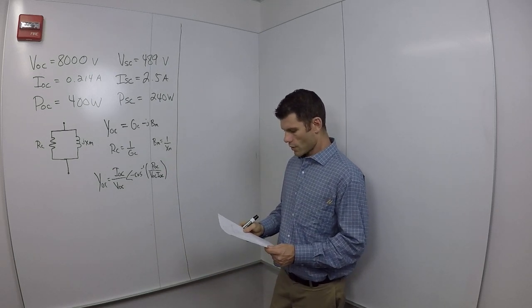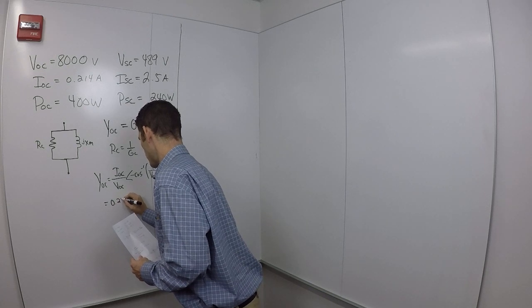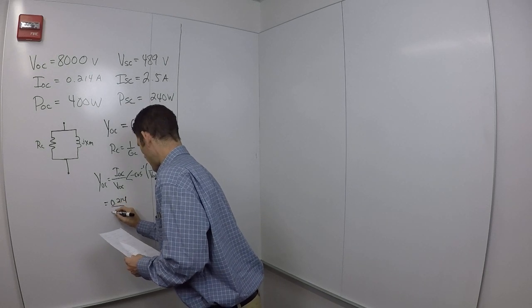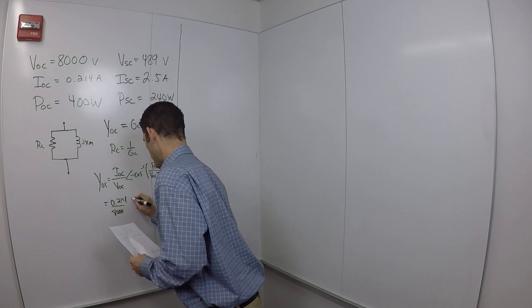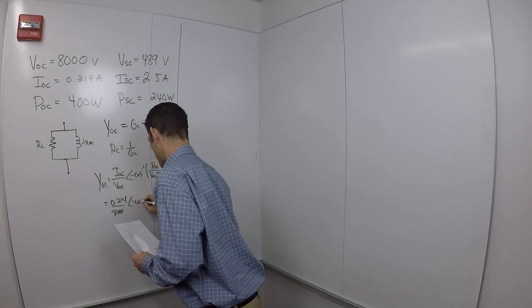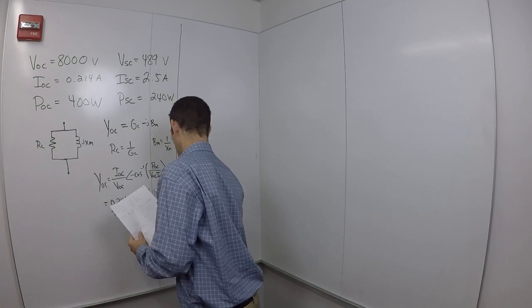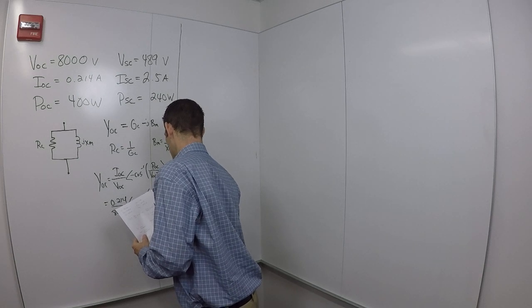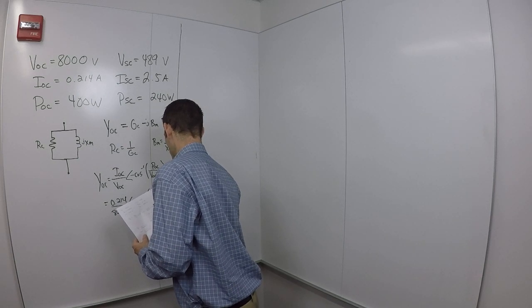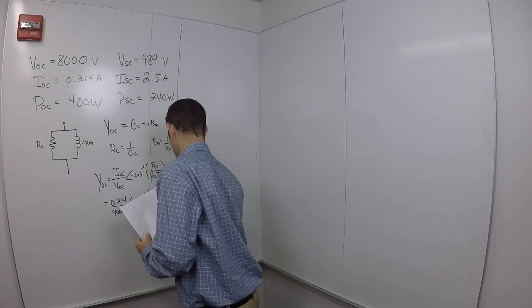Okay? So whenever we put these values in here, we get 0.214 amps divided by 8,000 volts, and then we have the inverse cosine of 400 watts divided by 8,000 volts times 0.214 amps.